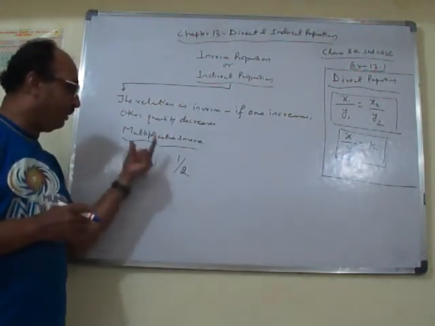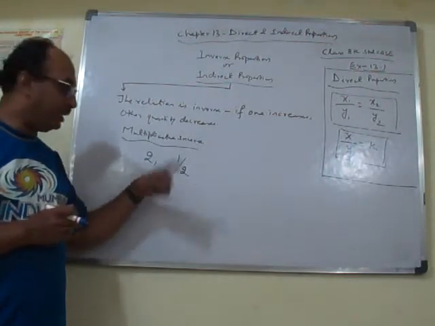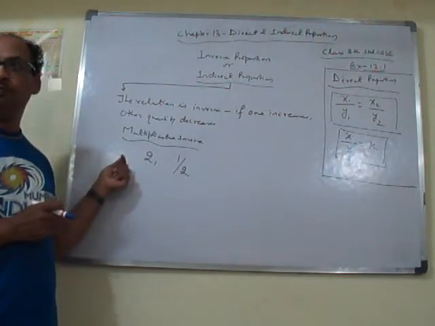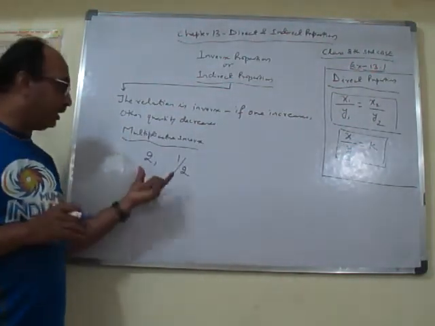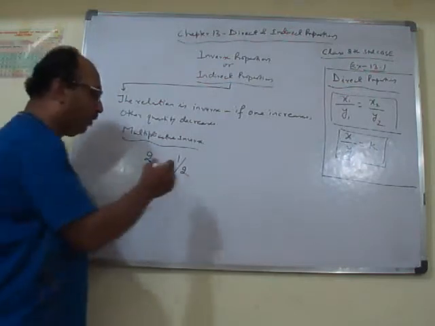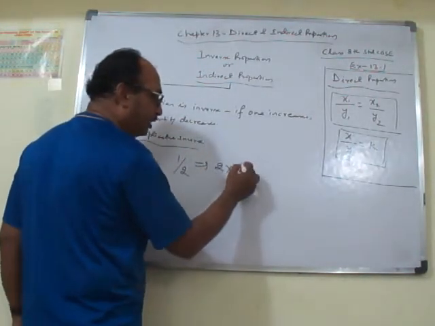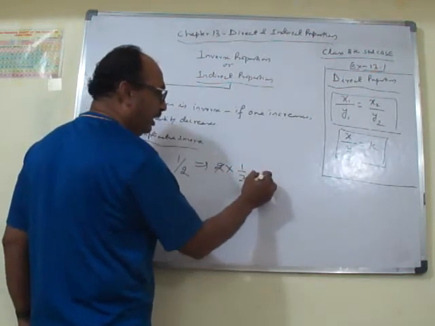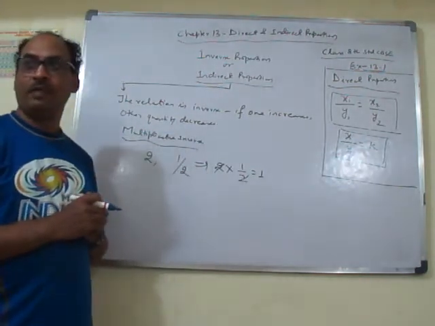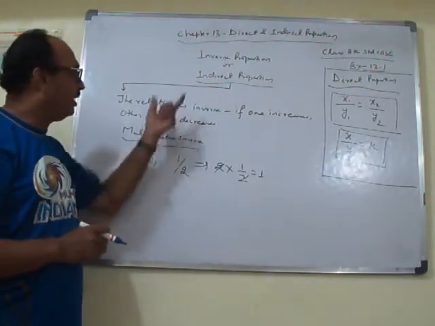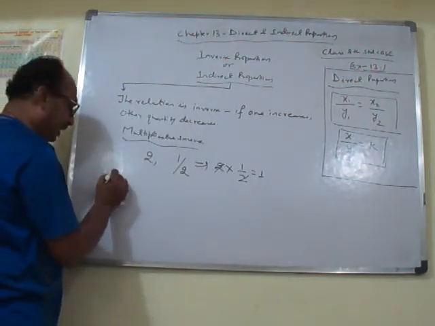And what is the inverse of 1 by 2? It is 2. So both are inverse of each other. When you multiply a number and its multiplicative inverse, you get 1. Similarly, for an indirect relation, we can generate its definition.